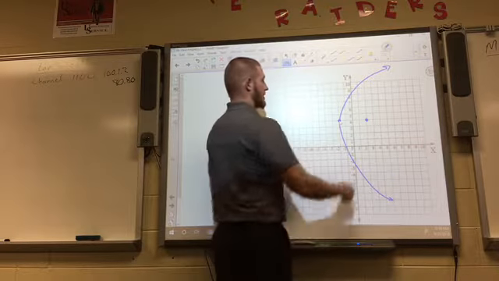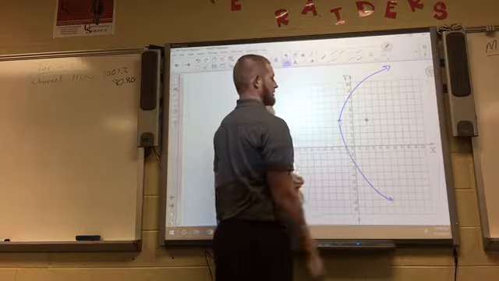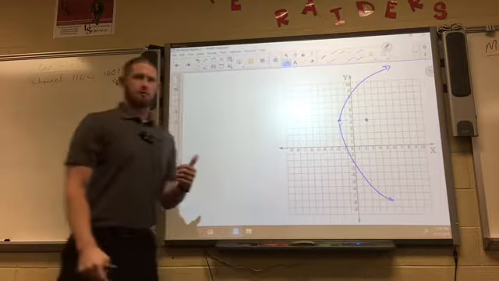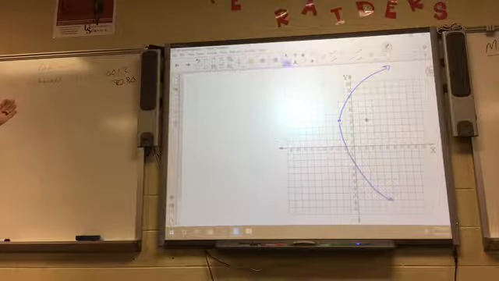So the only option for this parabola with a focus point here is the equation we're going to come up with. You get what I'm saying? If the parabola were to get tighter or open up more, that focus point would have to move. So with the focus point there, there's only one option for an equation of this parabola.